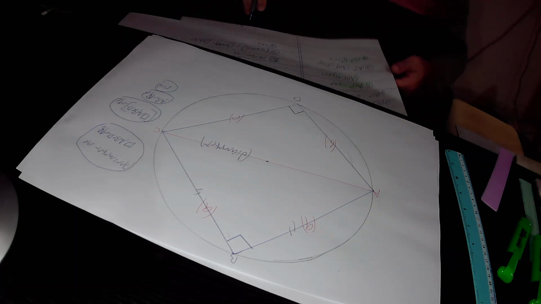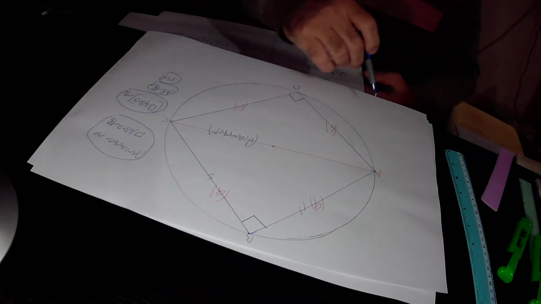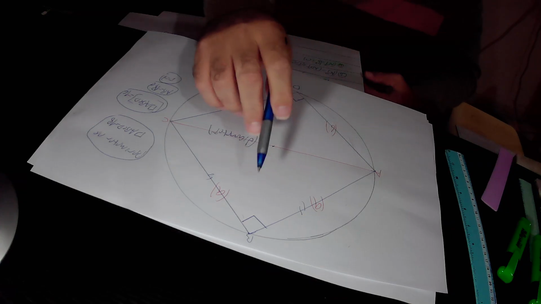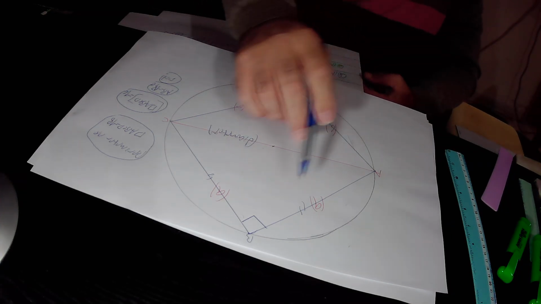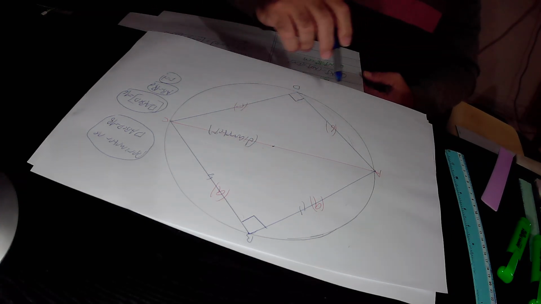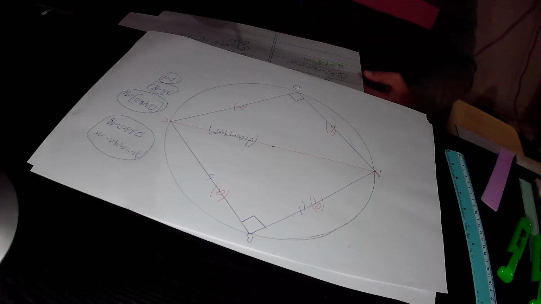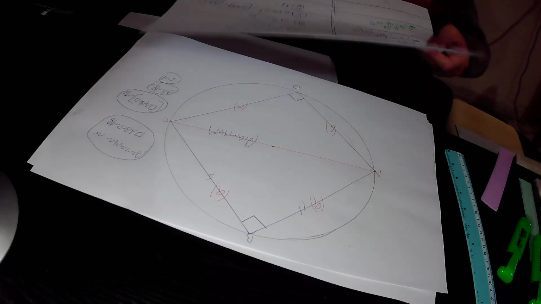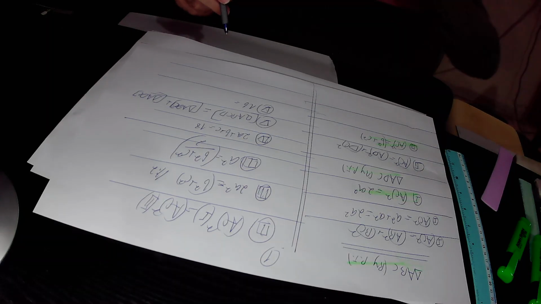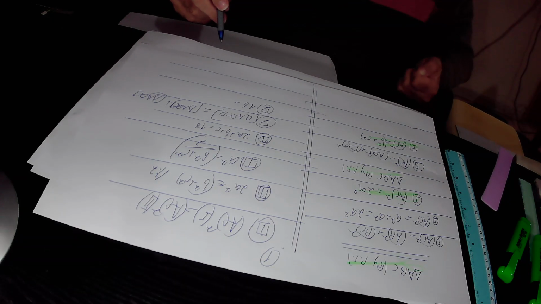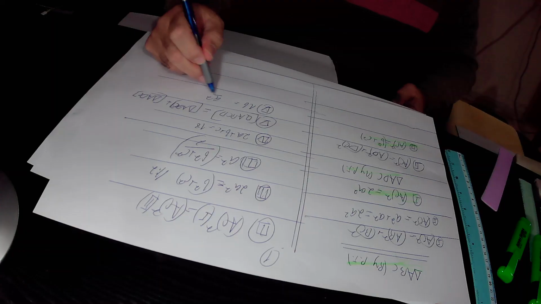What is the area of this right triangle ABC? It equals the base AB times the height BC over 2. AB is A, BC is also A, divided by 2. So it is A times A over 2, or A squared over 2 square units.